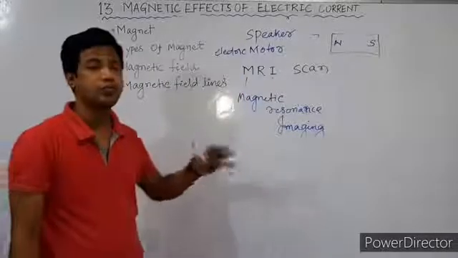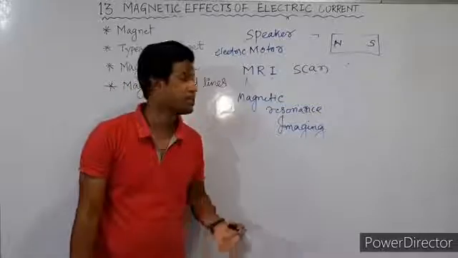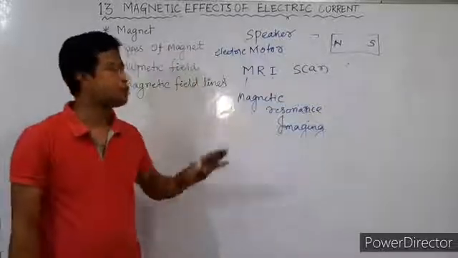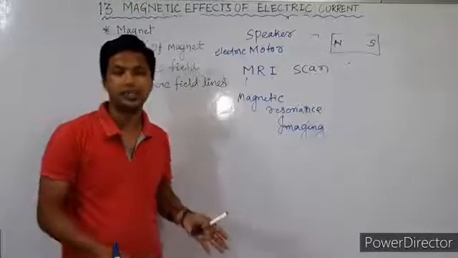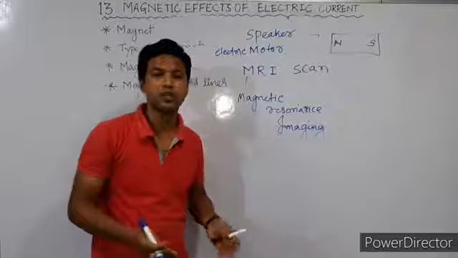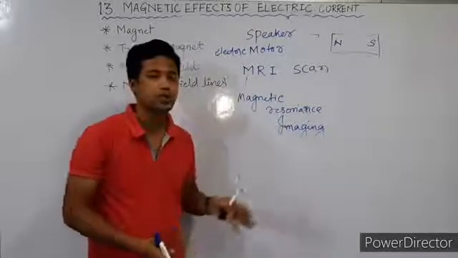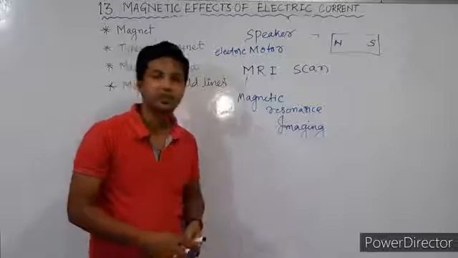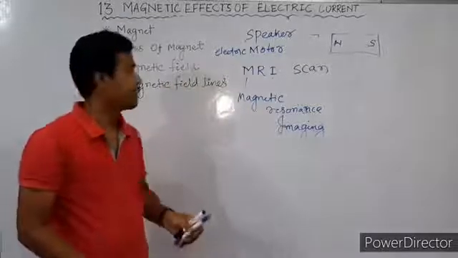An MRI scan works on magnetic field strength or magnetic effect. It is used to scan the inner body parts without actually cutting the body. It means you don't need to cut the body to identify what is happening inside. So that is magnetic resonance imaging. These are some basic uses of magnets.